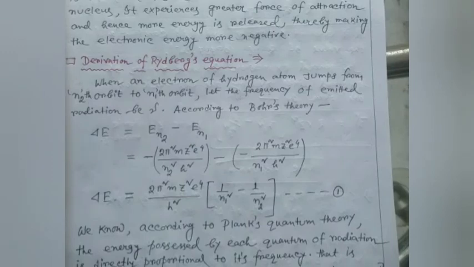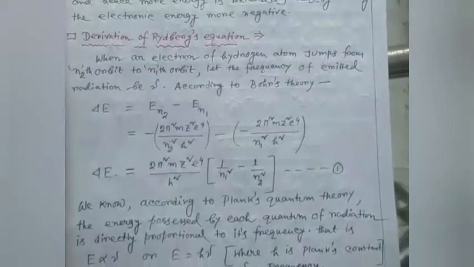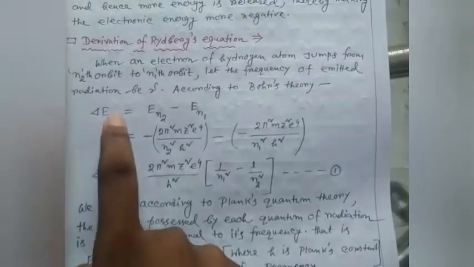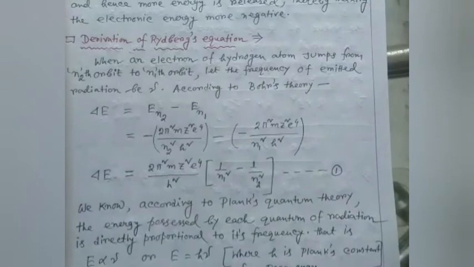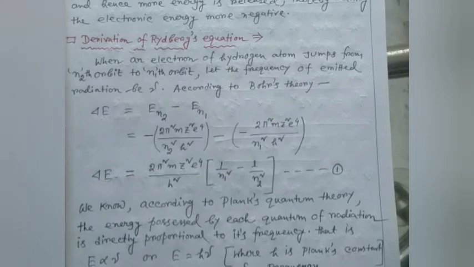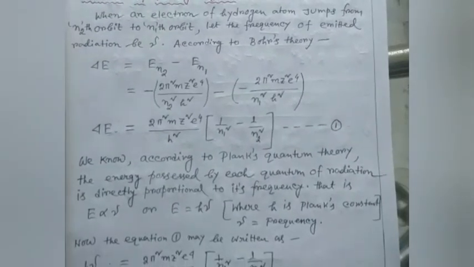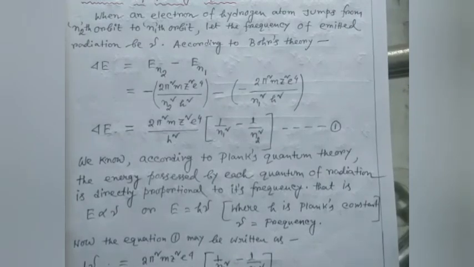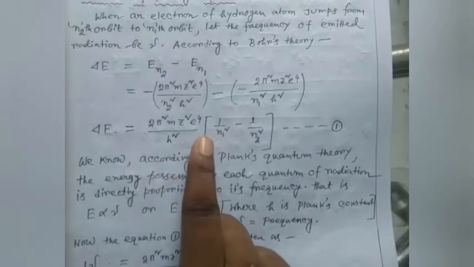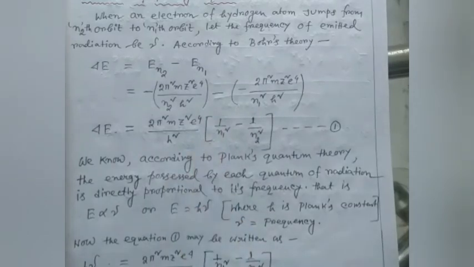According to Bohr's theory, delta E, that is the energy gap between higher energy and lower energy, equals En2 minus En1. Now putting the values of the n2 and n1 energy levels, we can write delta E equal to 2 pi square m z square e to the power 4 by h square into 1 by n1 square minus 1 by n2 square.